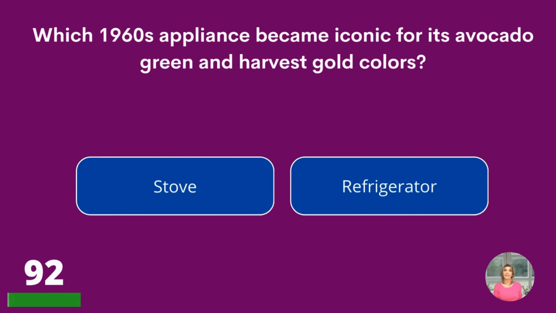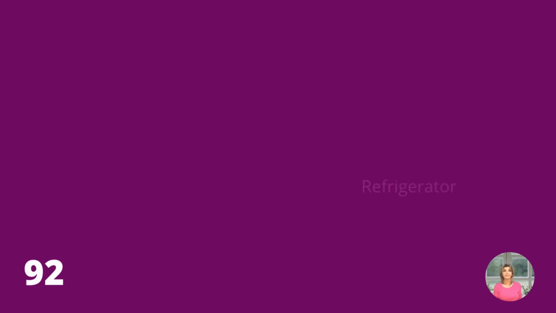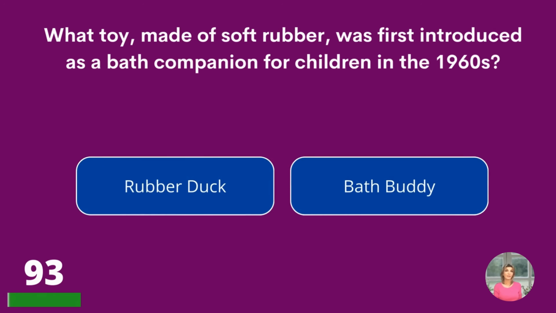Which 60s appliance became iconic for its avocado green and harvest gold colors? Stove or refrigerator? The refrigerator. What toy made of soft rubber was first introduced as a bath companion for children in the 60s?